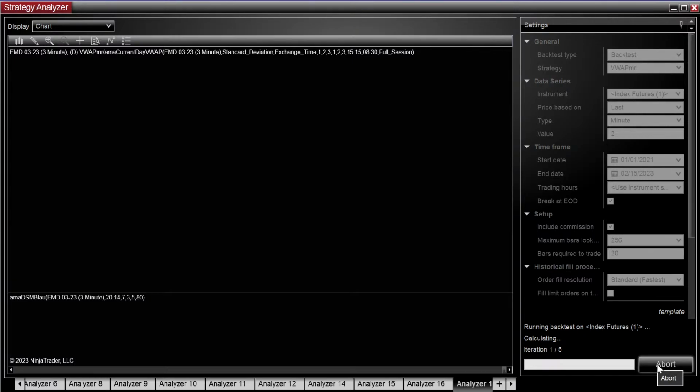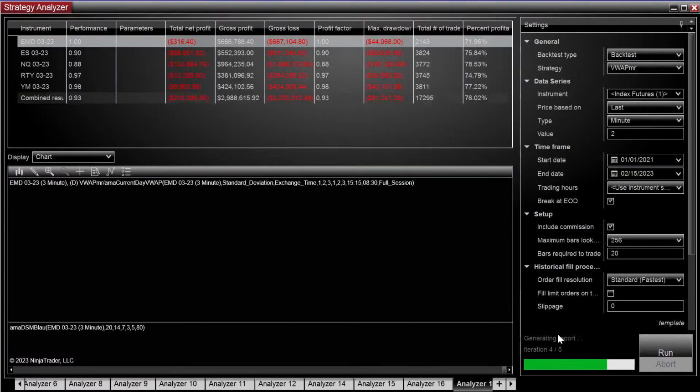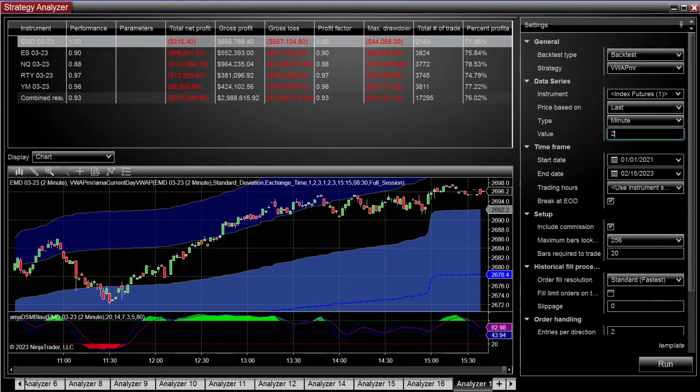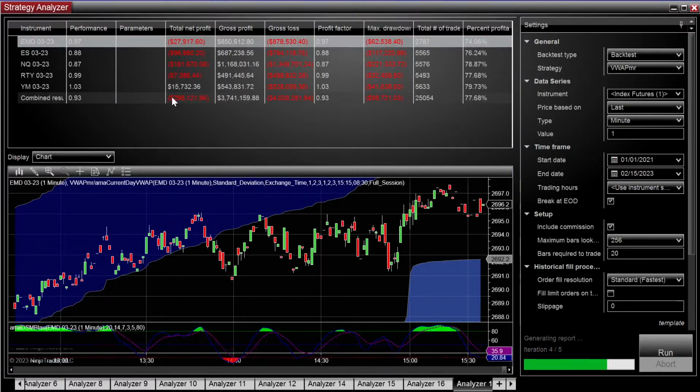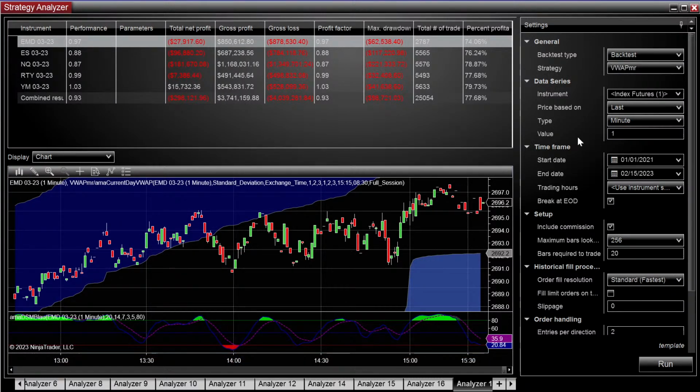And generally, if it's already getting worse as you get lower, then it's not going to get better. Yeah, 1 minute gives the worst results.